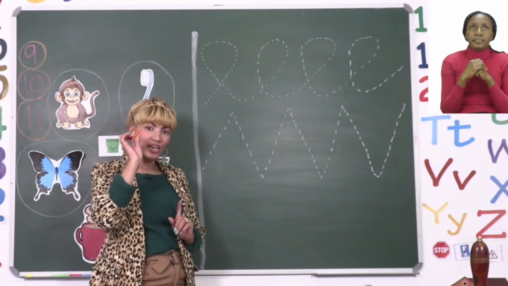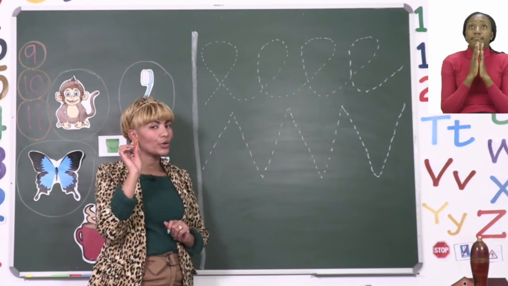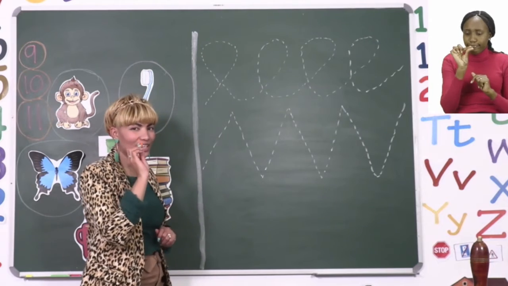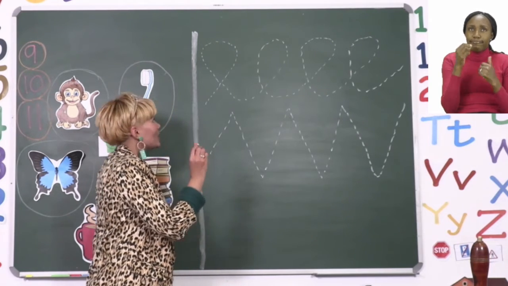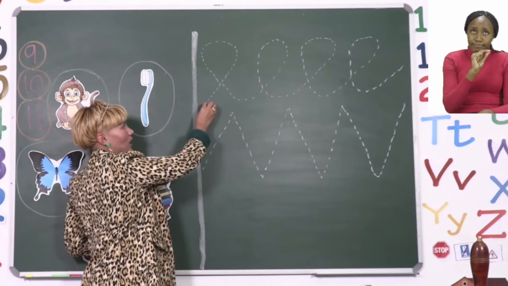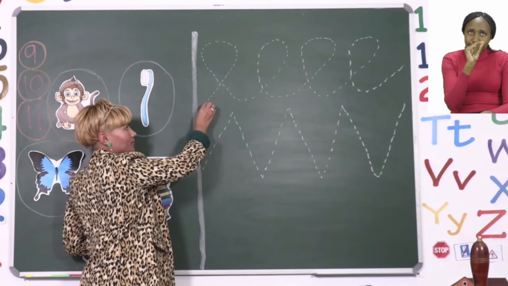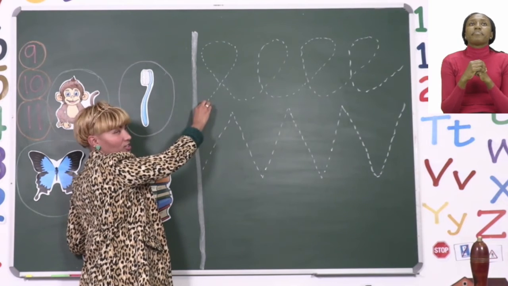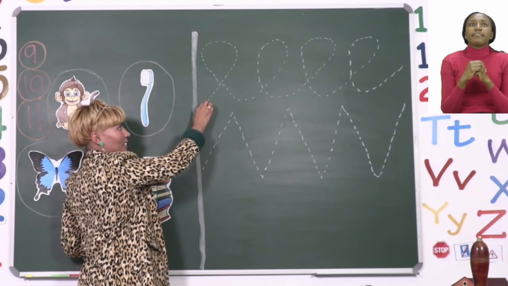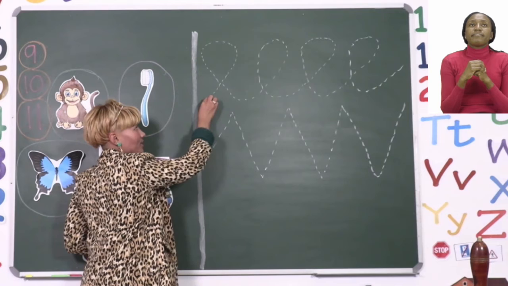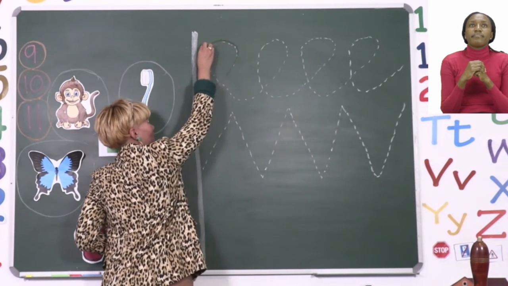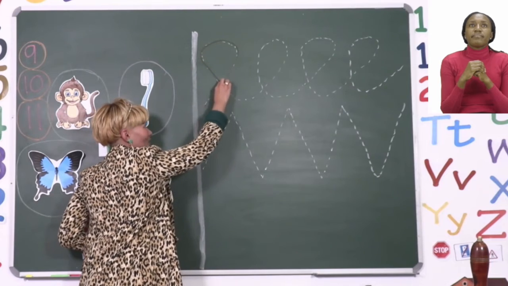Remember, you take your pencils or your crayons, make sure that you hold it nice and tightly in your hand, and then you start at the bottom. Hold your pencils or your crayons on the line, and then you trace all the way up and down.